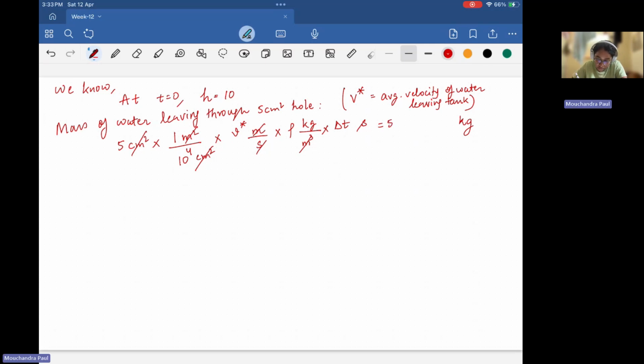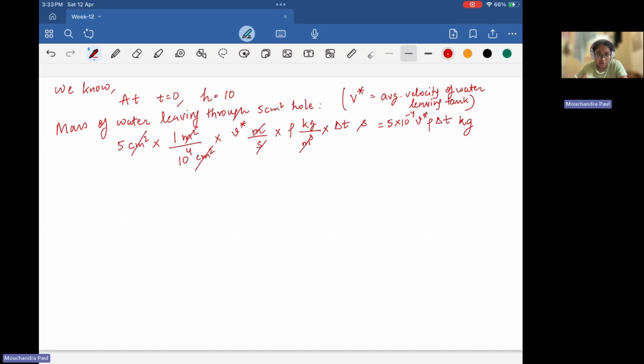It will come out to be 5 into 10 to the power minus 4 V star rho into delta T, right? So rho is the density of water. So this is the out term in the mass balance equation.